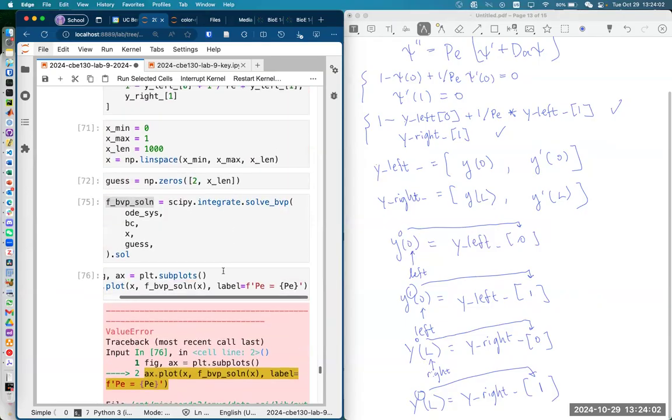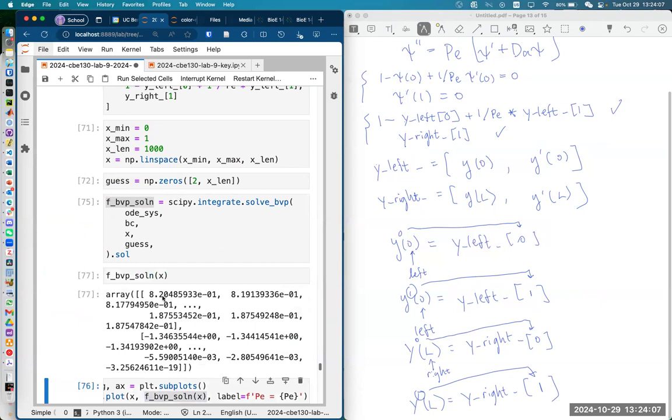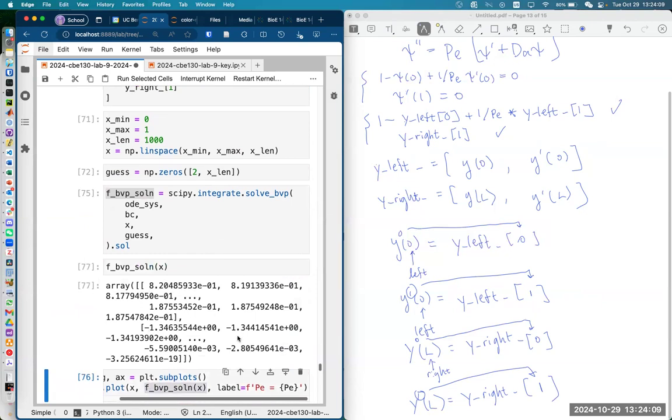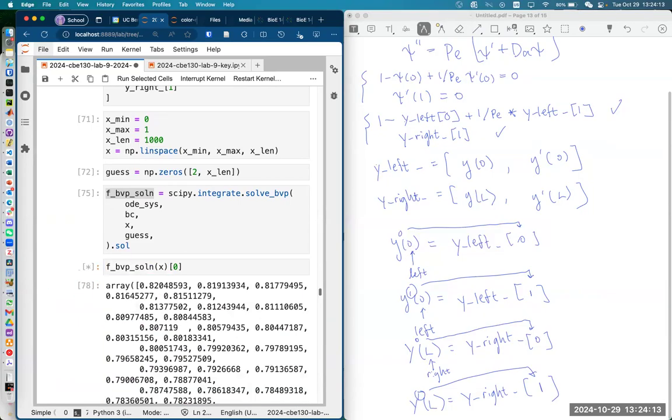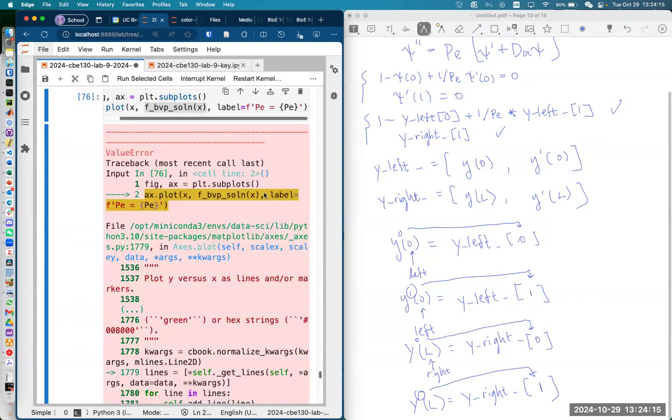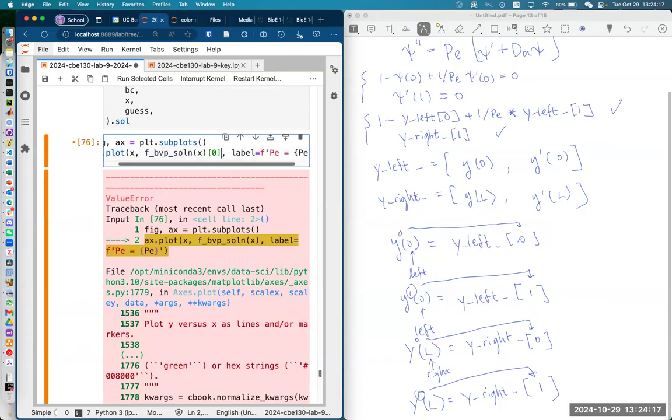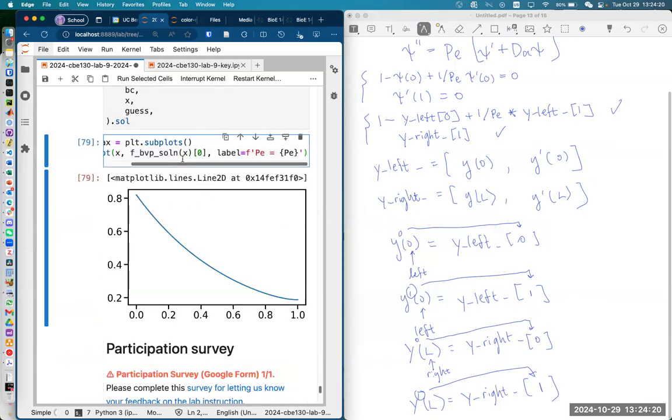And again, we have a mismatch between the shape because the solution we evaluate on x returns 2 lists. We're only interested in the first one because that's the original function. So we index 0. So now we have the solution curve.